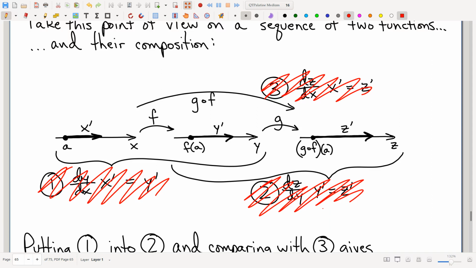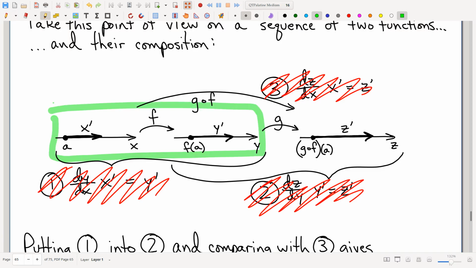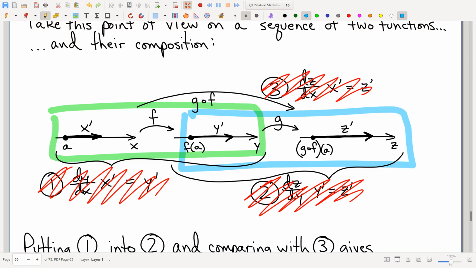You can look at it if you like. It doesn't matter. Anyway, what we have here is a single variable function, where y is a function of x. We have a subsequent single variable function, where z is a function of y. So what comes out of the first function is what goes in to the second function. That's how compositions work.